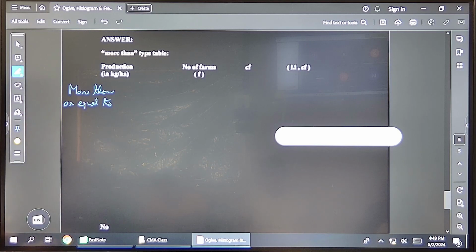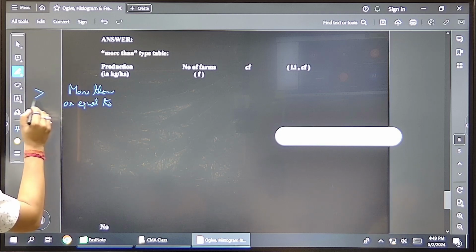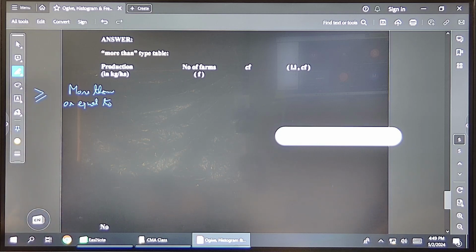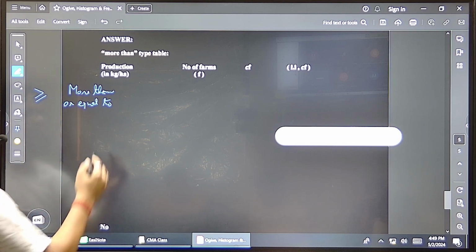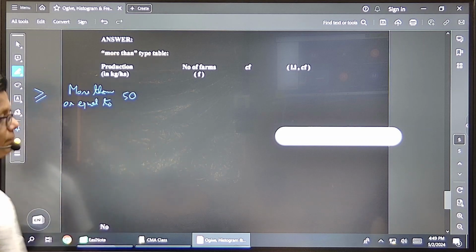If you are doing this in an exam, you write something like that. More than or equal to, so we get the symbol like this. Now, more than or equal to the lower limit. So what is the lower limit there? It was 50 to 55, so the smaller value, 50. So more than or equal to 50.